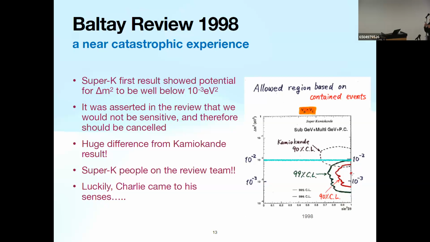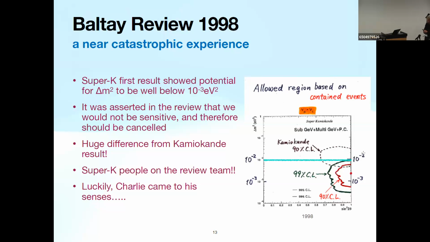But I was quite junior, and we had to have yet another review because it was argued that we shouldn't build Minos because it won't be able to reach all the way down here. Remember, we'd used that blue line as our estimate of where we were going to be looking.